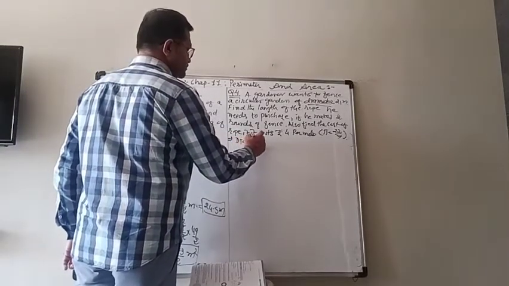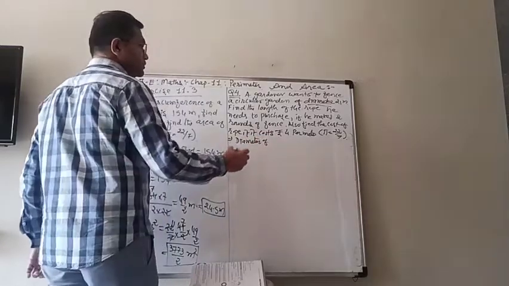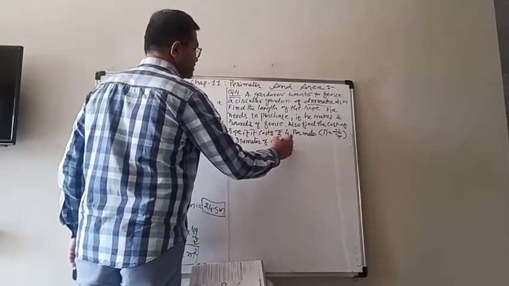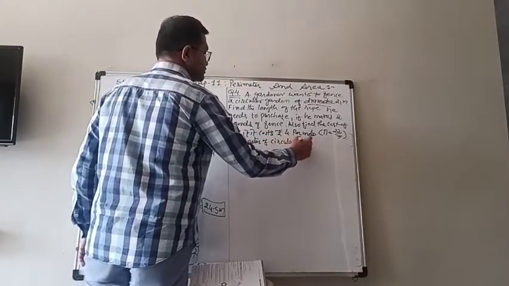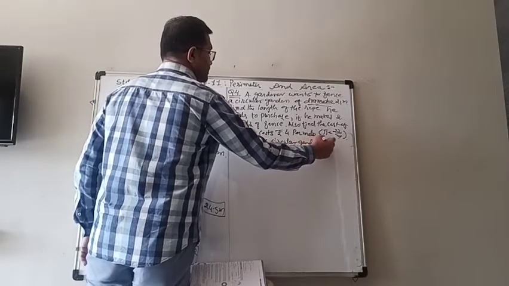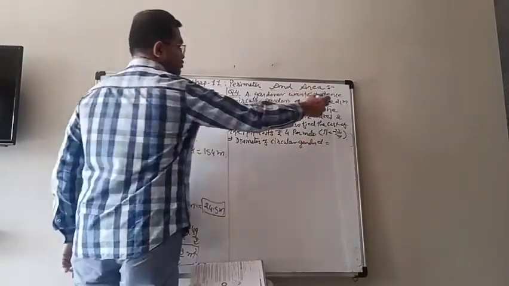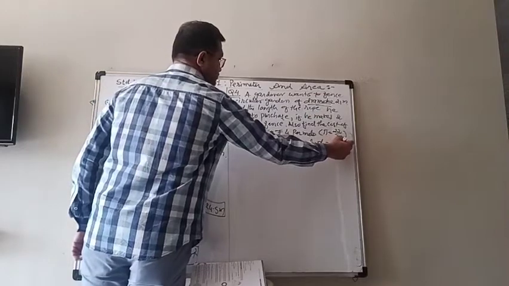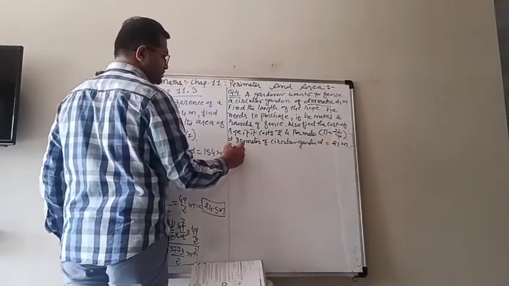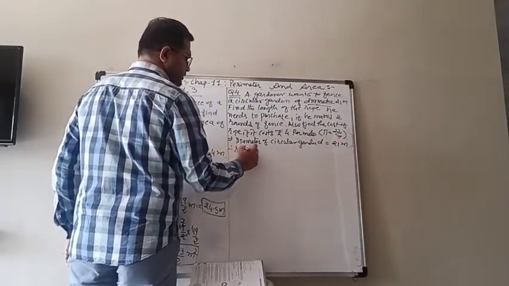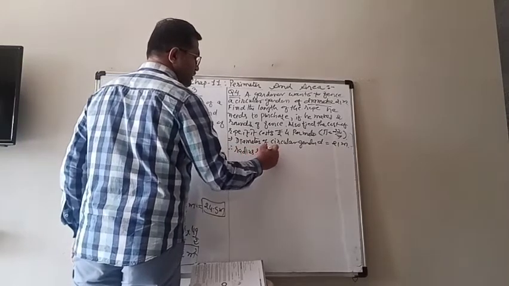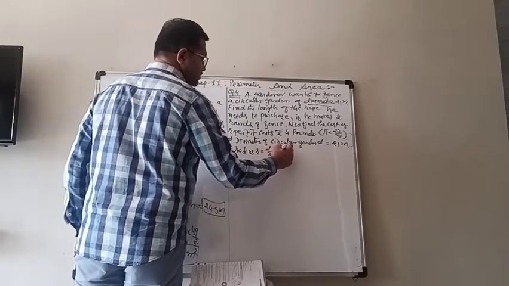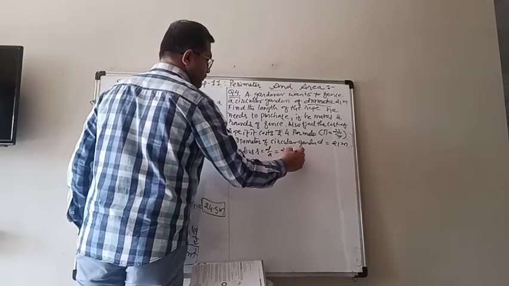So now the diameter of the circular garden is given. What is given? Diameter 21 meter. So first of all we will find the radius. Therefore radius r is equal to d upon 2, that is 21 upon 2.